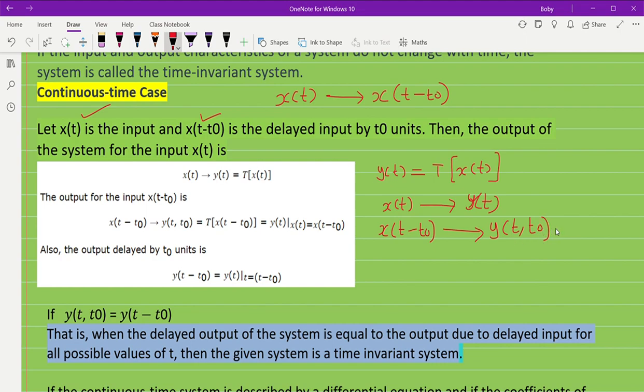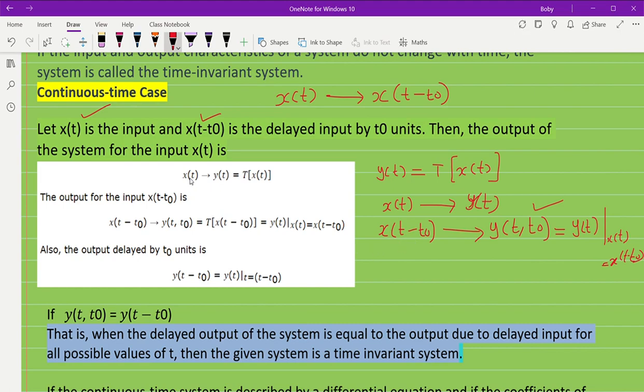So that is equal to y of t for every x of t which is equal to x of t minus t0. Or simply, the input is x of t minus t0, so that the output is represented as y of t comma t0, the output for the delayed input.